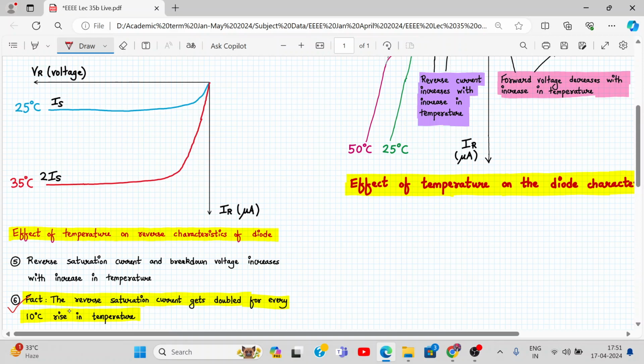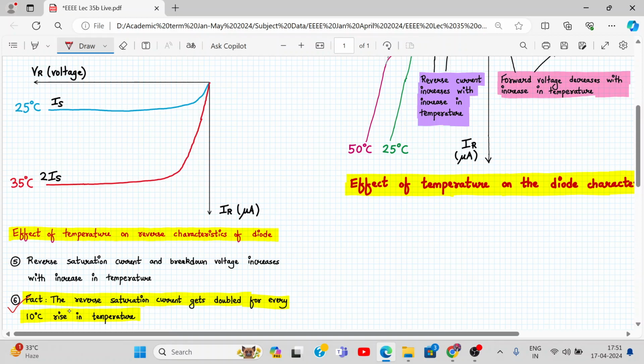This is my reverse saturation current at 25 degrees Celsius, and it becomes almost double at 35 degrees Celsius. Let's say this is around 50 nano, and this becomes around 100 nano at 35 degrees Celsius. So write this: the reverse saturation current gets doubled for every 10 degree rise in temperature.